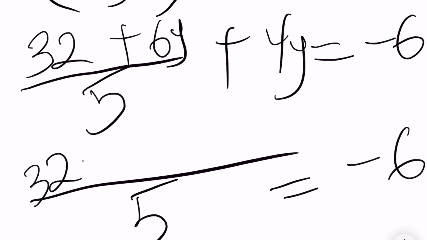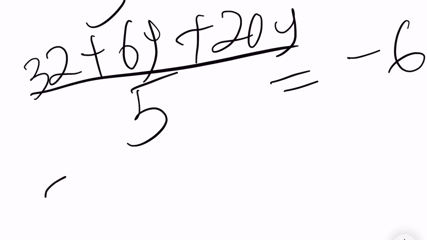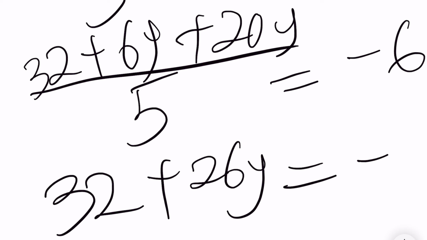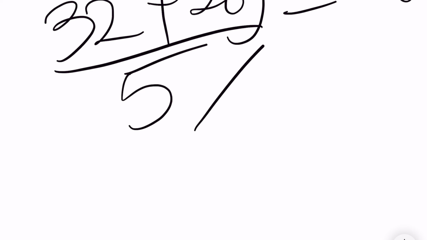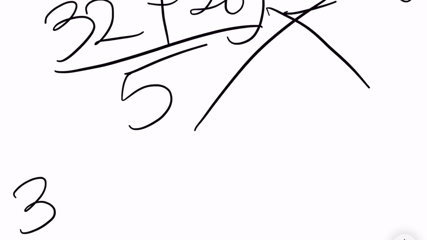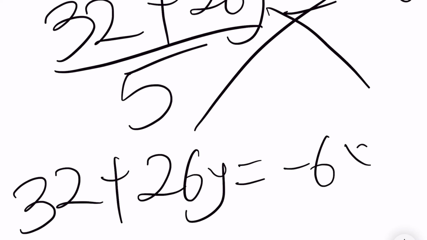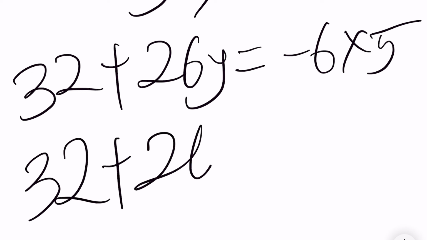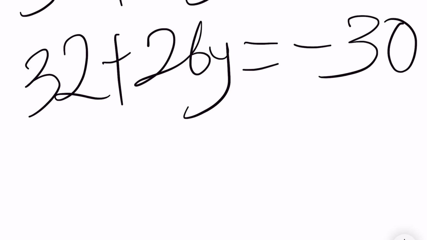We have 32 plus 6y plus 20y. So we have 32 plus 26y equals minus 6 over 5. So we cross multiply, we have 32 plus 26y equals minus 6 times 5. So we have 32 plus 26y to be minus 30.